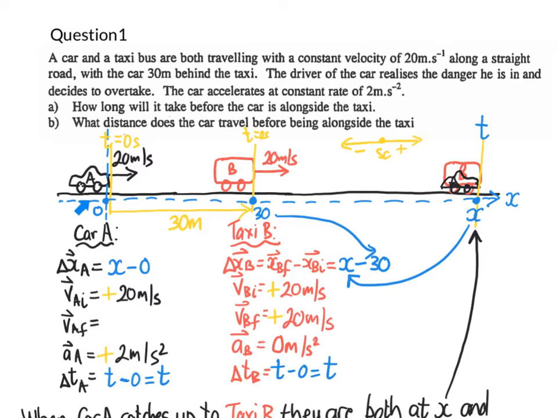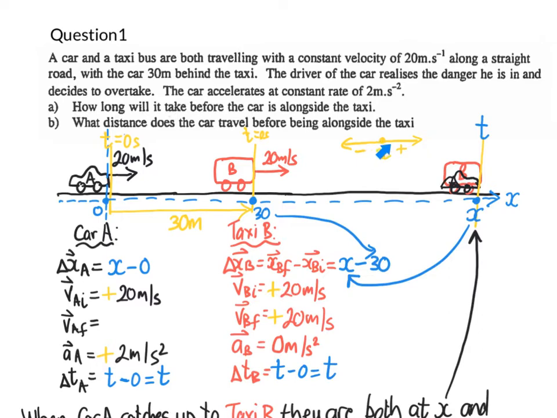So I've defined the coordinate system such that x equals 0, the origin, is where the car is, and that over time the x value runs to the right, and both vehicles' x values are changing over time. Now at t equals 0, both vehicles have a velocity of 20 meters per second. So their initial velocities are 20 meters per second.